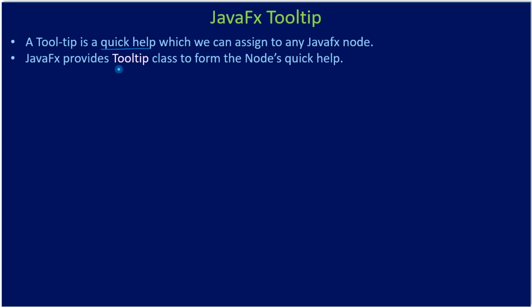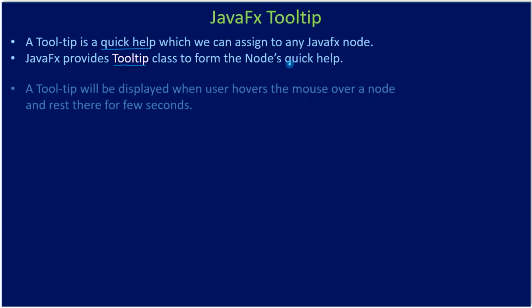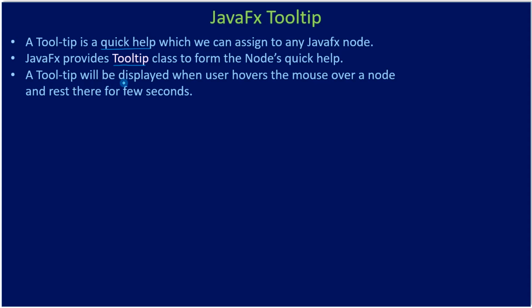JavaFx provides the Tooltip class to form the node's quick help. A tooltip will be displayed when the user hovers the mouse over a node and rests there for a few seconds. Rest there for a few seconds means the mouse pointer should stand still, and if it is like that for a few seconds, then a tooltip will get displayed, informing what the specific node is.